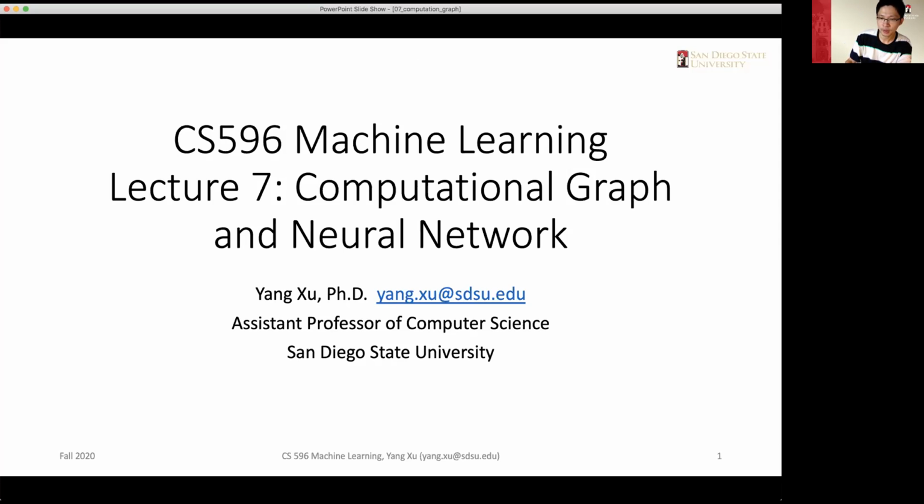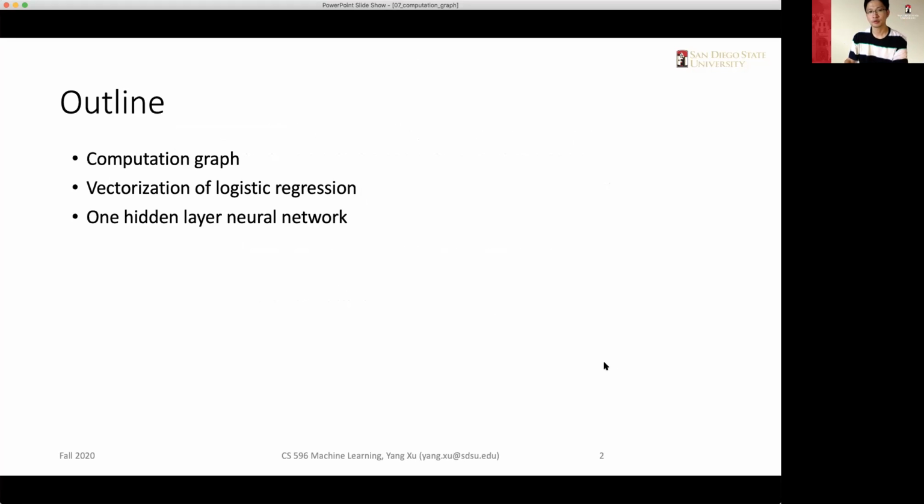Okay, and this concept of computation graph is quite important because all the computation that happens in the modern machine learning framework is executed under an overall control of all the variables.